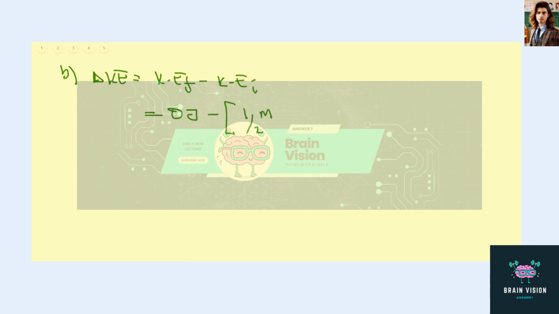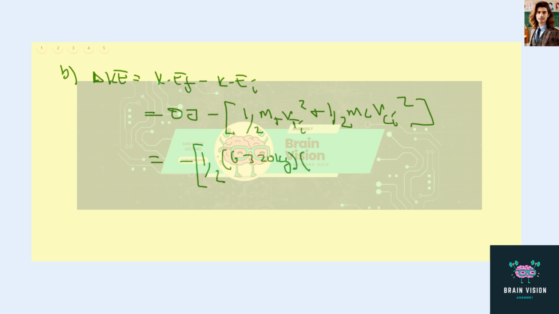So 1/2 m_t v_t initial squared plus 1/2 m_c v_c initial squared. So we have 1/2 times the mass of the truck, 6,320 kilograms. Always a good habit to have the units there.